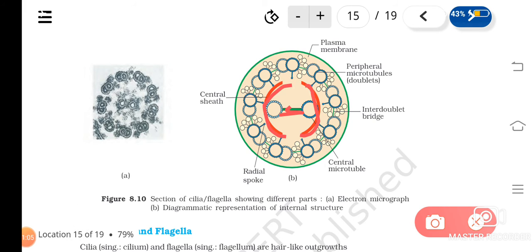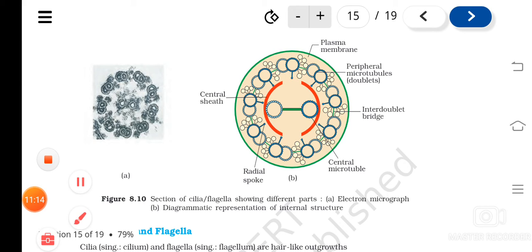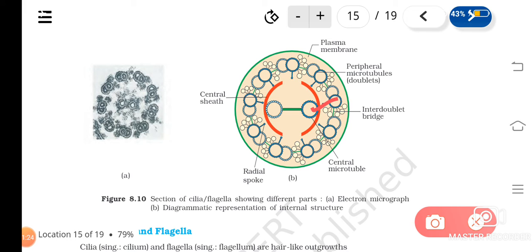You can see a sheath that covers the central microtubules. Among each peripheral doublet, one is connected to the center through linkers or radial spokes. Understood? Radial spokes connect each peripheral doublet to the central microtubules.